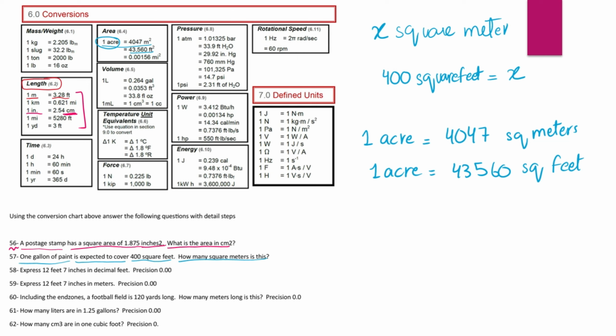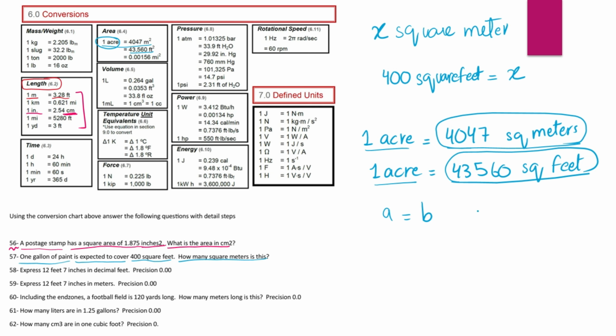So it means that if 1 acre is equal to this much square meters and 1 acre is also equal to this much square feet, then these two values, the square meters and this 43560 square feet, will both be equal, right? Like if you say a equals b and b equals c, it means a is also equal to c.